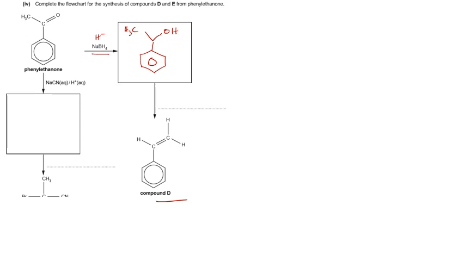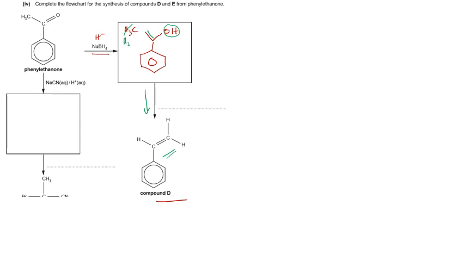And looking forward to this step here, we have to make this alkene group. If we compare those two molecules, we have to get rid of this hydroxyl group. We have to make a double bond here, and we have to get rid of one of those hydrogens. So you can see that we're removing a water molecule, making a double bond, which is a dehydration reaction.